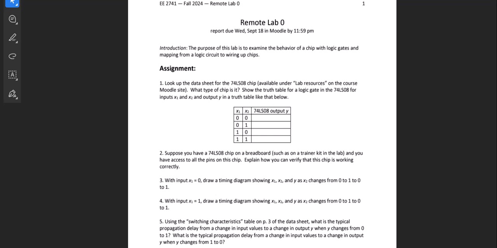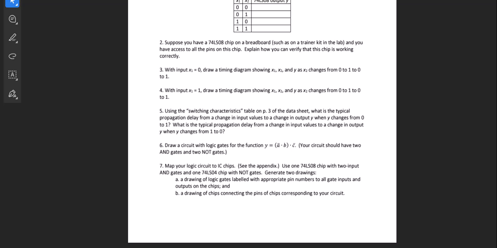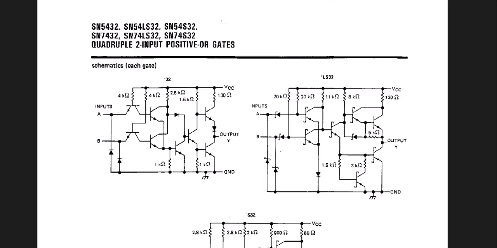And then the next question: use the switching characteristics table. What is the typical propagation delay when y changes from 0 to 1, and when it changes from 1 to 0? Okay. So I want to go to page 3.